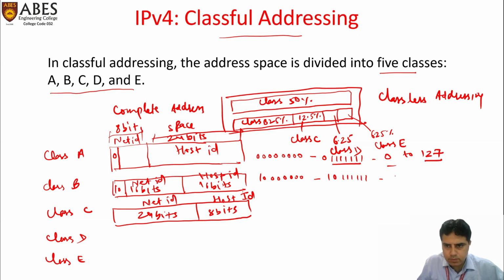That is from 128 to 191. For class C, 3 bits are fixed, 110, for the network ID.